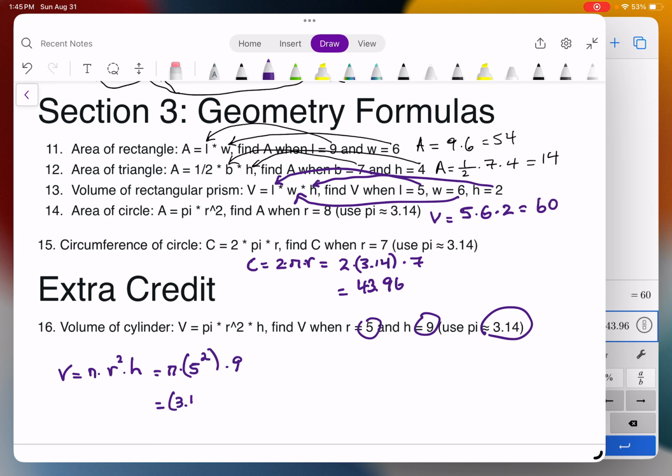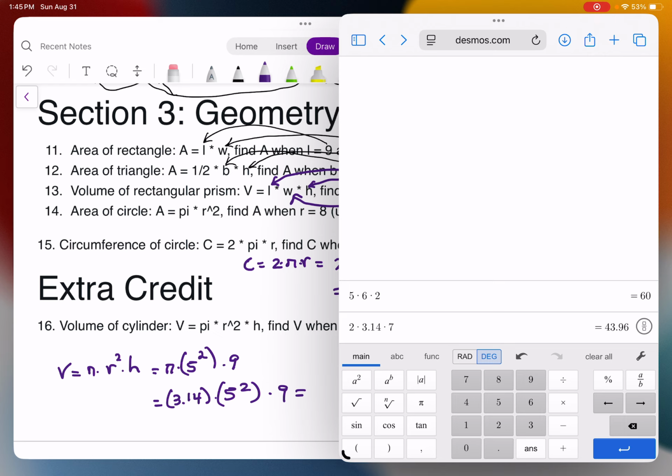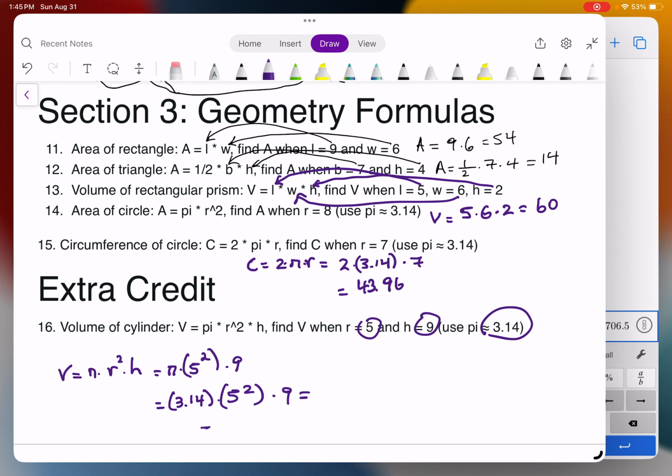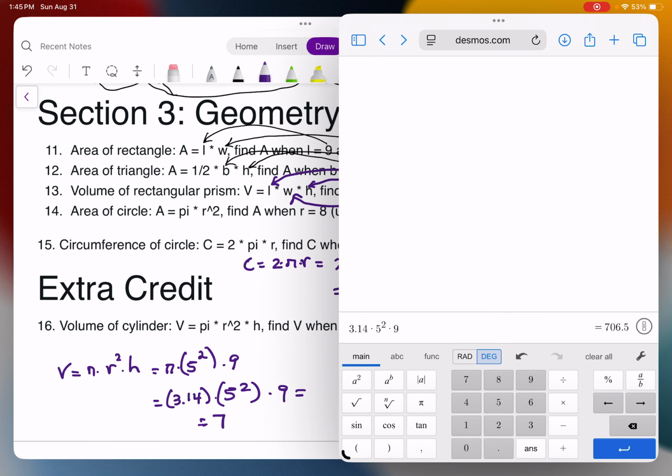So 3.14 times 5 squared times 9. Back on Desmos, I'm going to clear it all. Let's type this, 3.14 times 5 squared times 9. And the answer is 706.5.